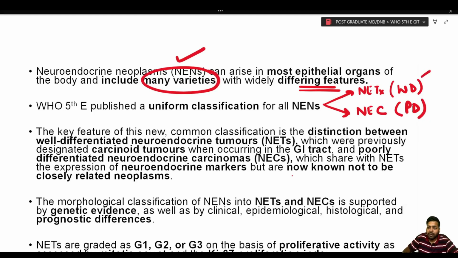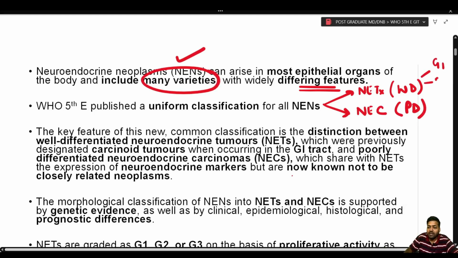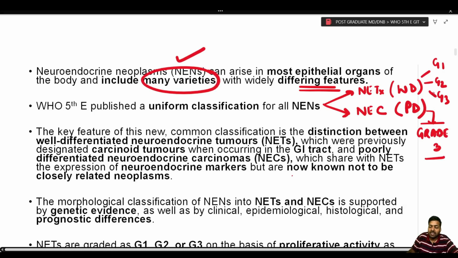Remember that previously and now also, the neuroendocrine tumors are graded into grade 1, grade 2 and grade 3 tumors, whereas by definition all neuroendocrine carcinomas are regarded as grade 3. They are not labeled as such separately, they are by default grade 3. Previously, in the previous edition of WHO, the grade 3 neuroendocrine tumor was thought to be very close to the neuroendocrine carcinoma. But that is not the case.